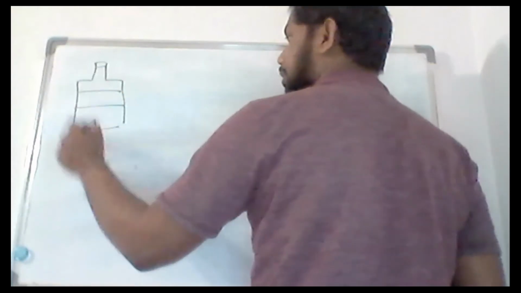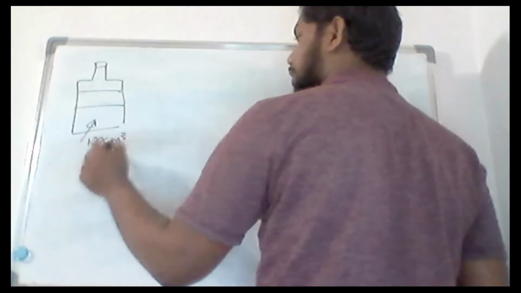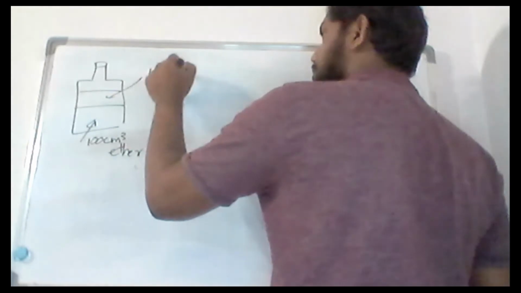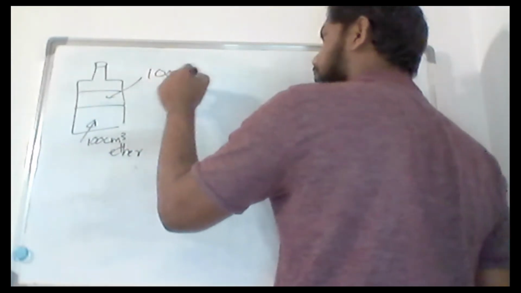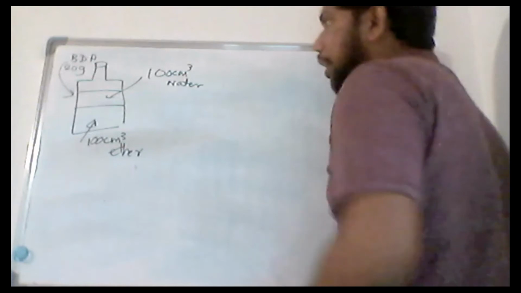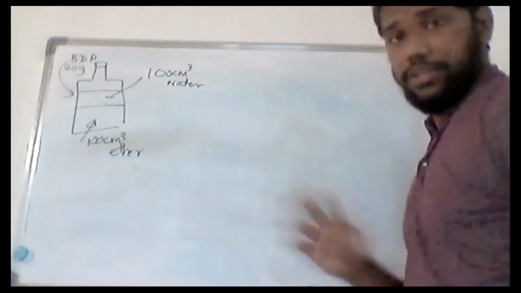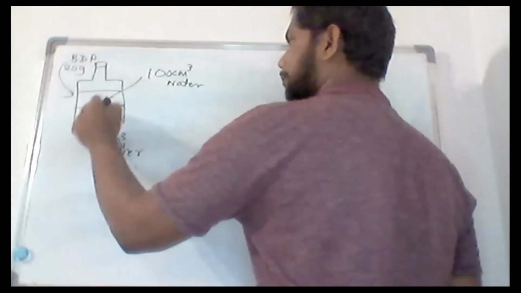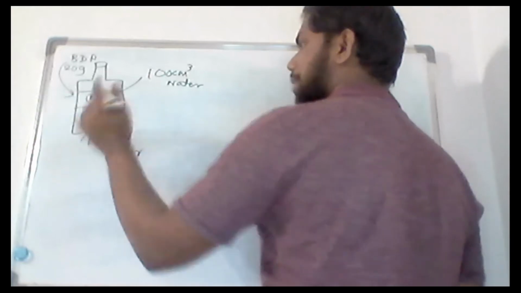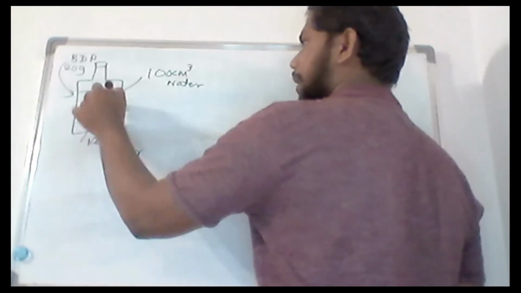We use 100 cubic centimeter of ether and 100 cubic centimeter of water. We have added 20 grams of BDA, butane dioic acid, and we shake it, so it will be in equilibrium. So BDA will be in ether and BDA in water, for example.